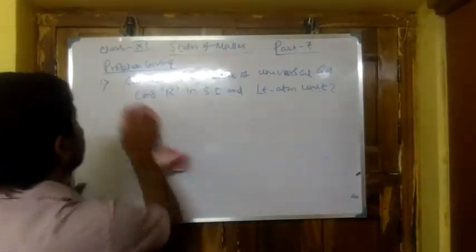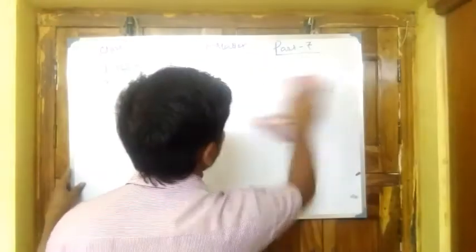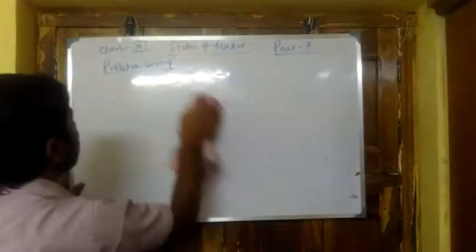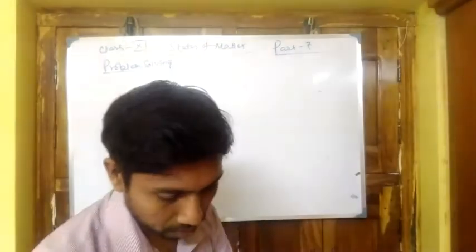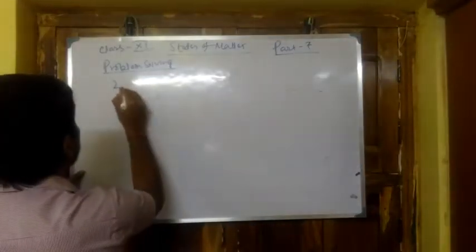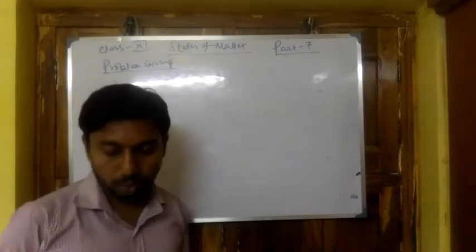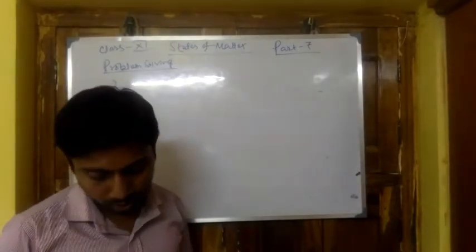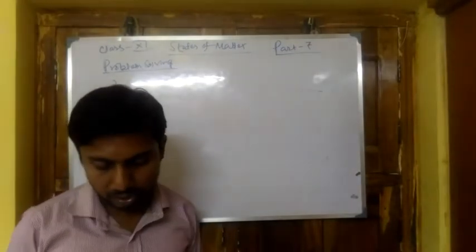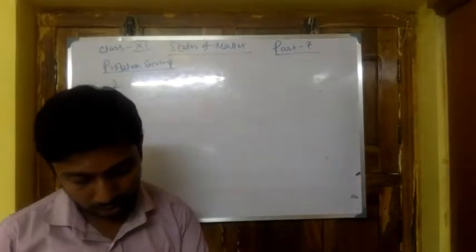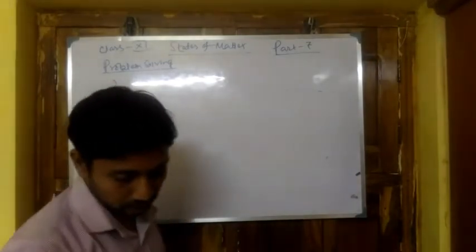So first of all, we have to use the ideal gas equation, PV equal to nRT. I hope all of you have written the question, that using the ideal gas equation, explain that the concentration is a function of P and T.